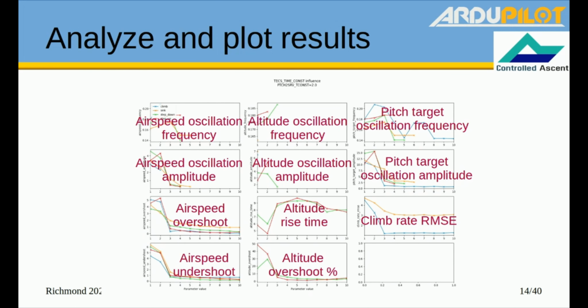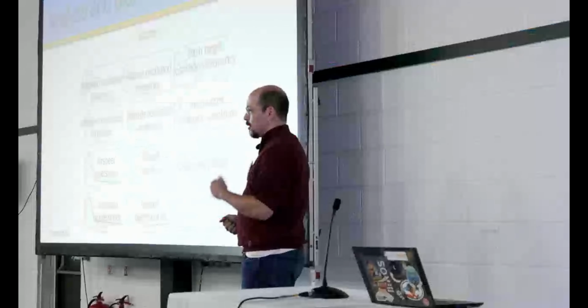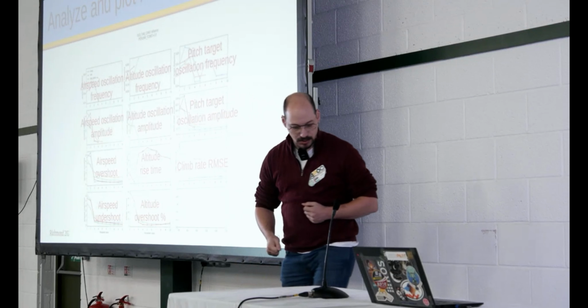I think it makes a lot of sense. In the center, altitude rise time and altitude overshoot in percent. And the last one I added later, which is the error on the climb rate, because we often have questions about why my plane doesn't climb as fast as I have set it and I know it can. So this is an interesting one too.